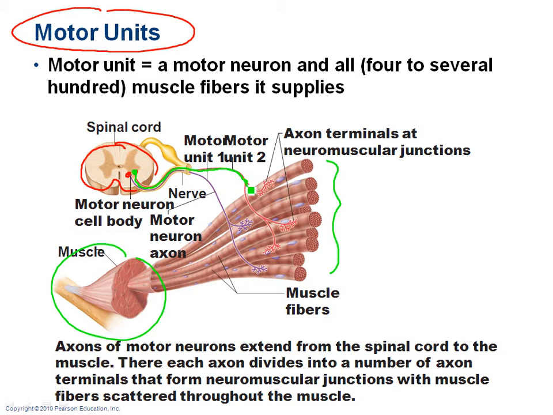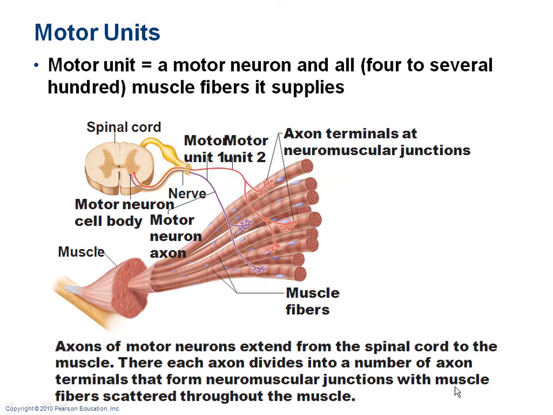Notice that the axon actually branches and reaches out and contacts this muscle fiber, this one, and this one. Okay, so when that particular motor neuron generates an action potential, it's going to stimulate all three of those muscle fibers to contract. Okay, so that motor neuron and all the muscle fibers it contracts, that's what we call a motor unit. Okay, I'm going to erase that.